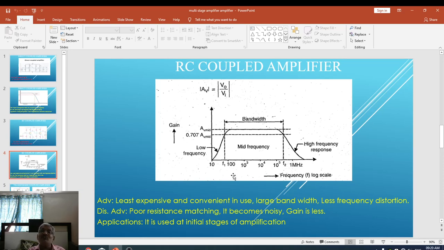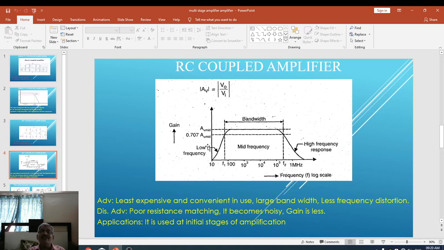How can we define these two frequencies? f1 is the lower cutoff frequency in the low frequency region where the low frequency gain falls to 0.707 times the mid frequency gain. Friends, this is the definition of the lower cutoff frequency. How do we obtain it? It is obtained by multiplying the mid frequency gain by 0.707.